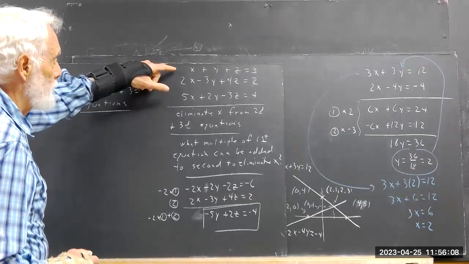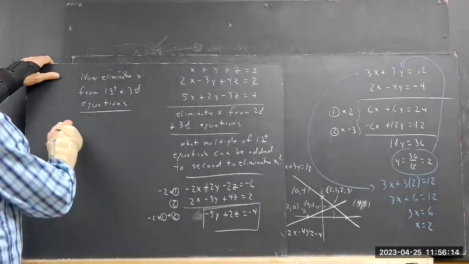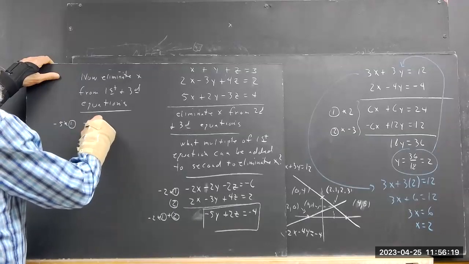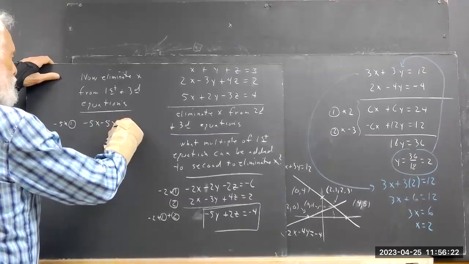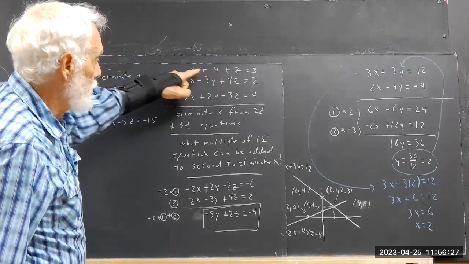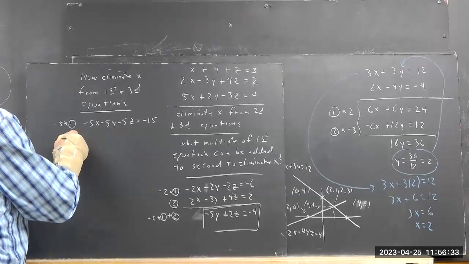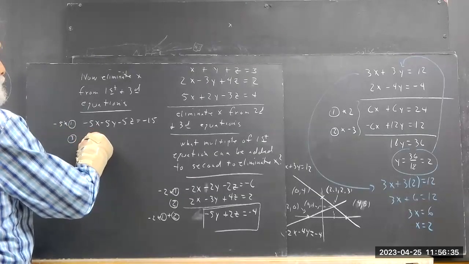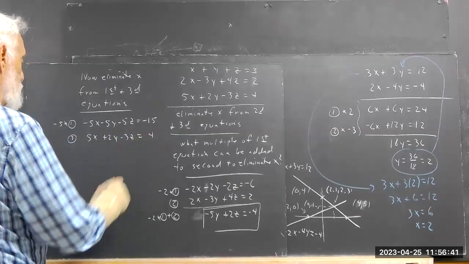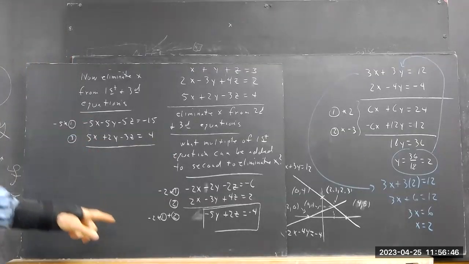Then we're going to have to multiply the first equation by negative 5. We multiply this first equation by negative 5, this is what we get. Now if we write down our third equation, we have 5x plus 2y minus 3z equals 4. So what do we get when we add these two equations?